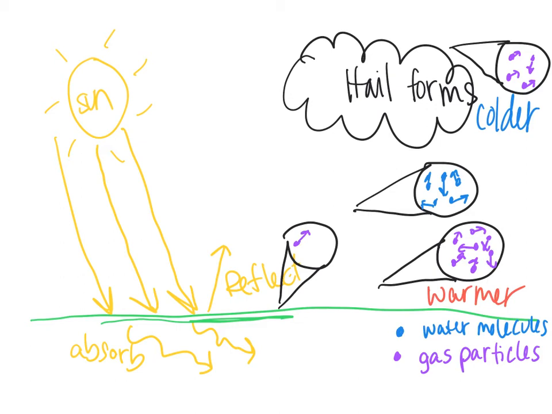So they're going to be moving faster. They're going to be able to get farther away from each other. They're more spread out. And that means that they are going to rise because they're less dense than the air around it. So they're going to rise because this parcel of air is less dense than the surrounding air.